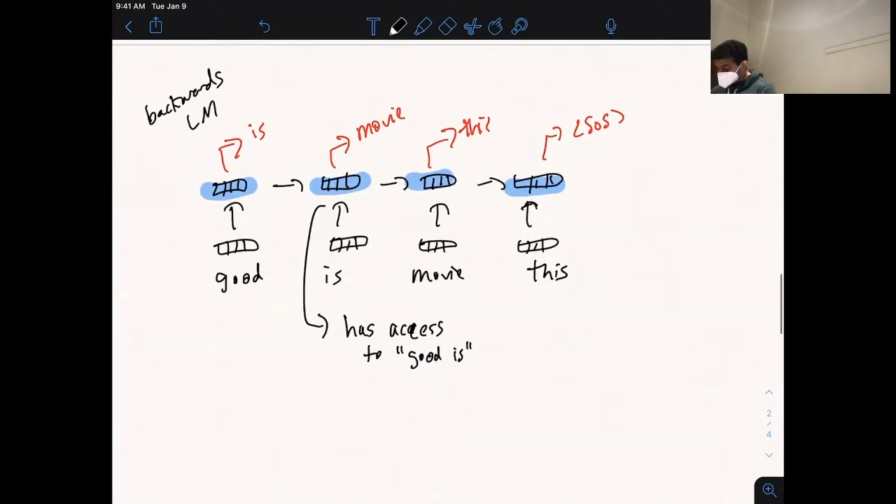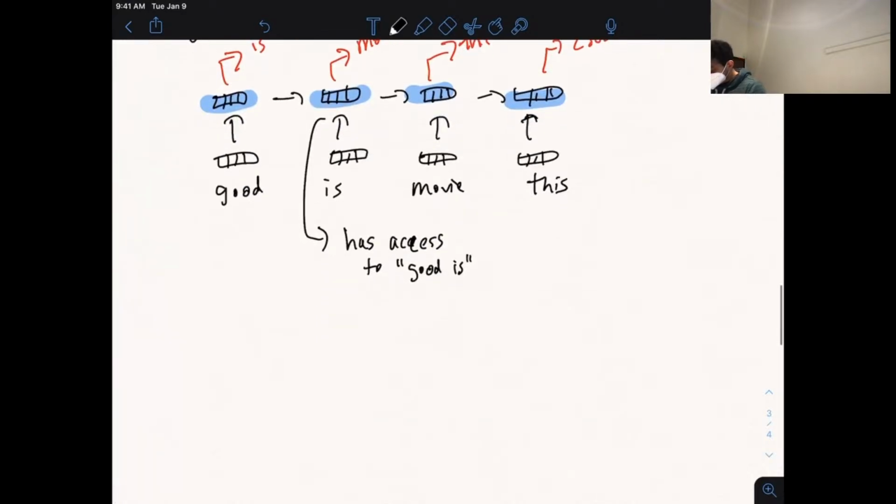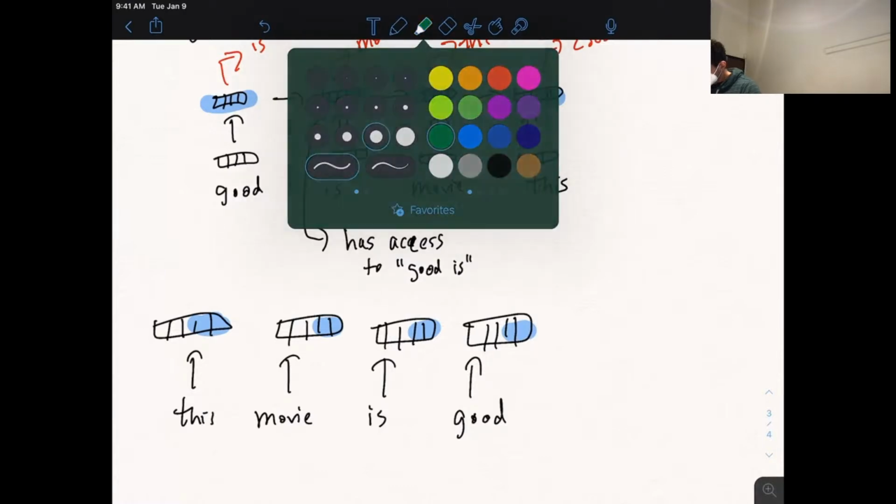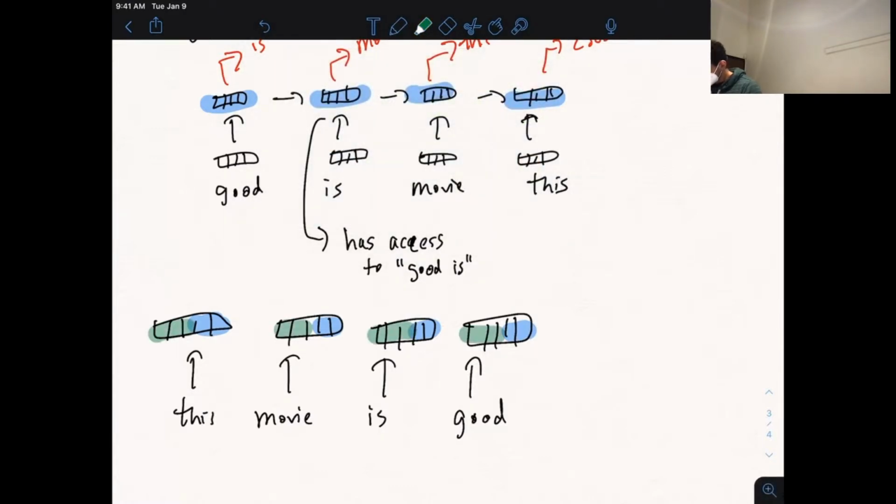In the end, I have states for "this movie is good" where the hidden states look something like this: half of them are from the backward part and the other half are from the forward part. So these are the concatenated vectors, and this is eventually the final output that is sent to the sentiment neural network.